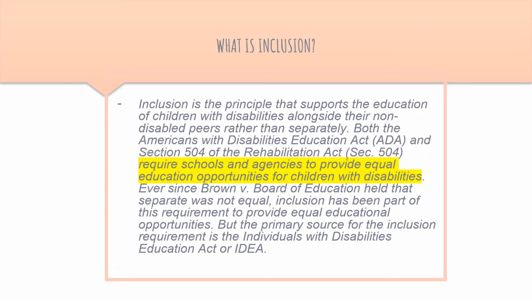This is law. Ever since Brown versus the Board of Education held that separate was not equal, inclusion has been part of this requirement to provide equal educational opportunities. But the primary source for the inclusion requirement is the IDEA. Okay, so this is law, this is your definition, this is why we're doing it.